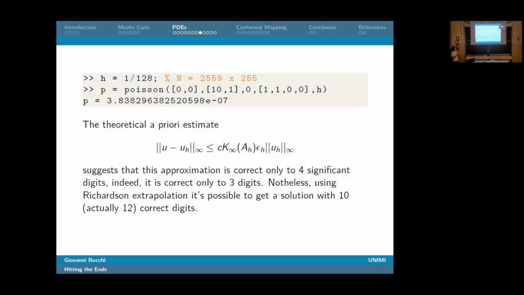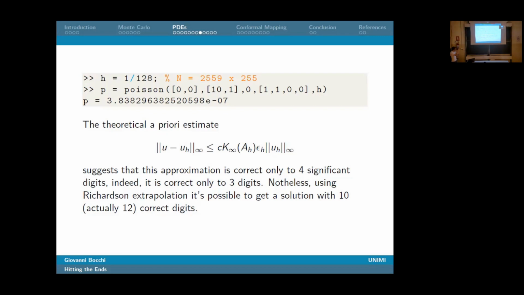Here we could bound the error in sup norm with a constant, κ_∞(A_h), which is the condition number of the matrix, which for this kind of matrices scales like big N, times ε_h, which is the numerical precision of the machine, times the infinity norm of the numerical solution.